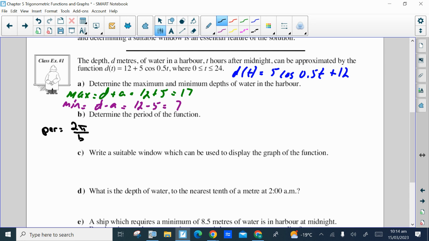When we are talking about our period, we're always going to work in radians unless we're told specifically that we're in degrees. So in most cases, we'll be working in radians. In this case, our b value is 0.5.